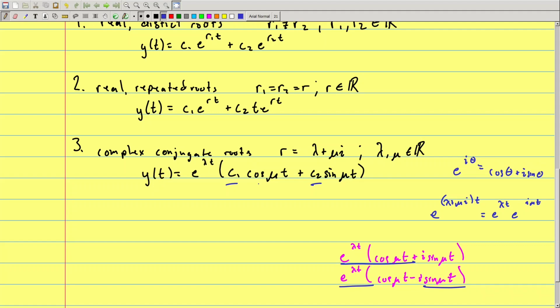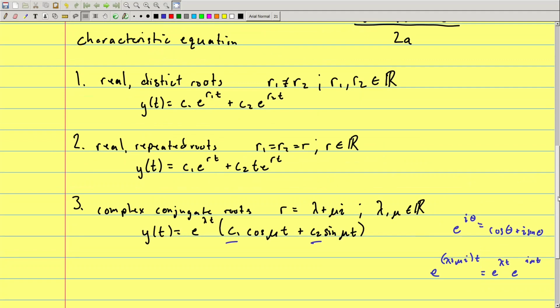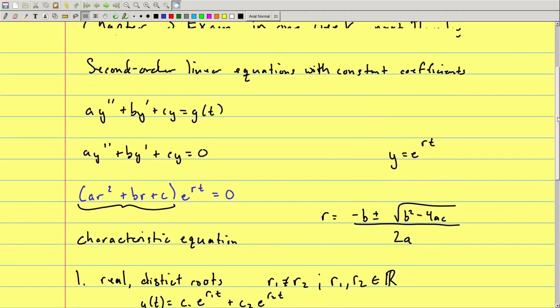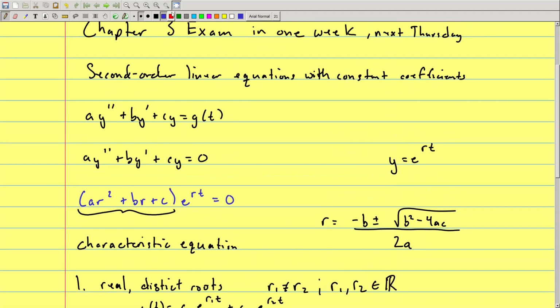And it turns out to be a consequence of the fact that when we set up our problem, if these are real numbers, it will never be the case that C1 and C2 end up being complex valued. So if A, B, and C are real, C1 and C2 will always be real.